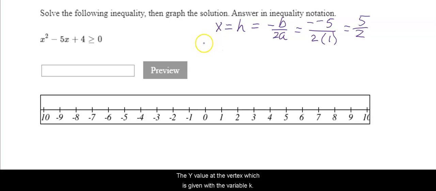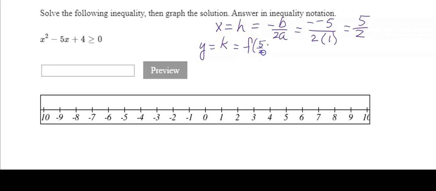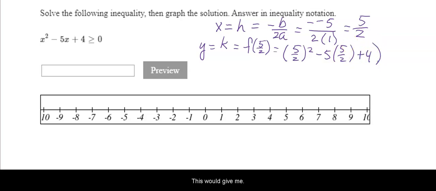The y value at the vertex, which is given with the variable k, would be whatever I get when I plug that 5/2 value back into the formula. This would give me 5/2 quantity squared minus 5 times 5/2 plus 4. 5/2 squared is 25/4.